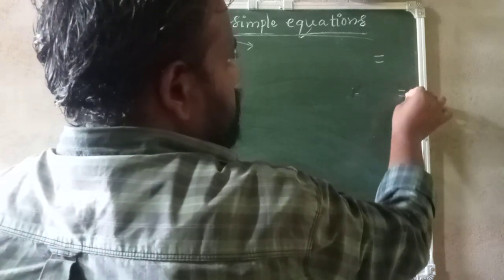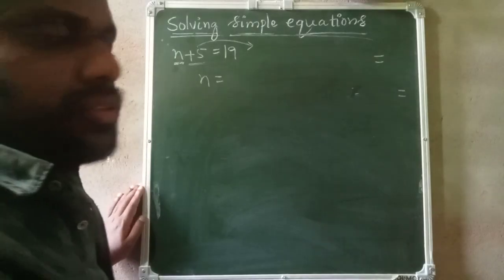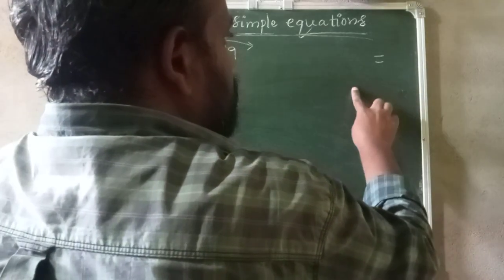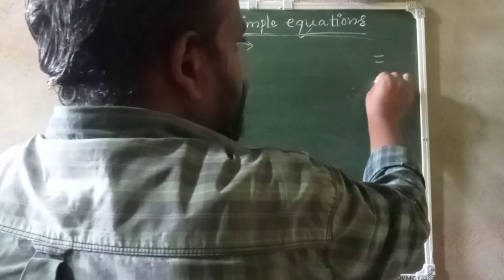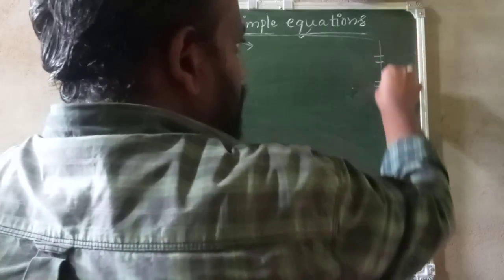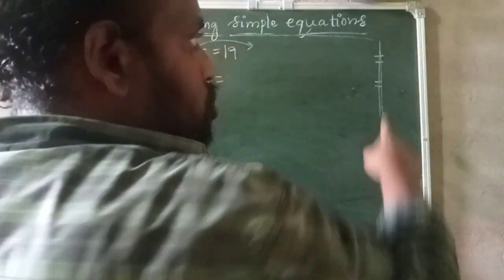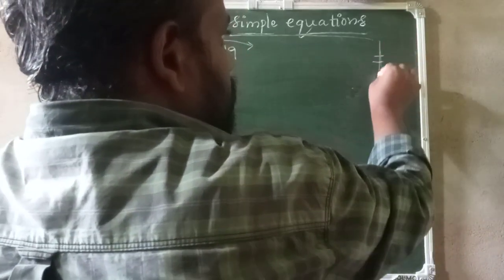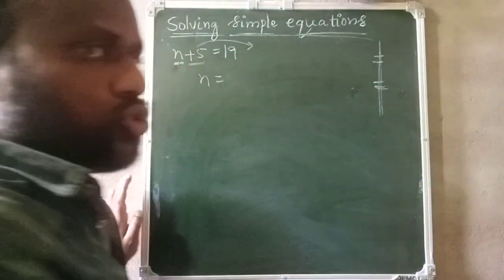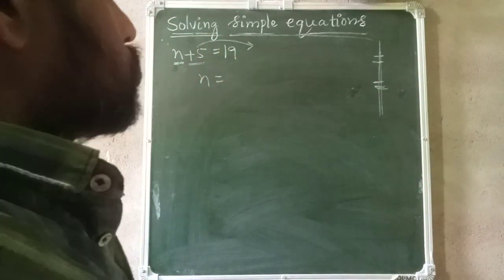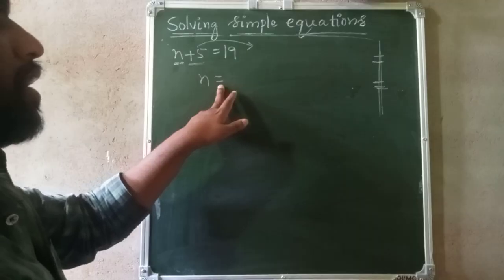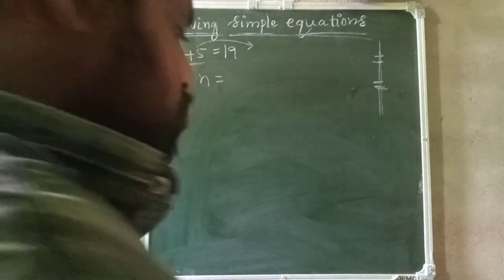Or if you write equal sign, that is also not right. So equal sign should be here only in one line. If you draw a straight line, so these equal signs should be in one line. So like that you have to write equal signs. Okay, even in exam also.